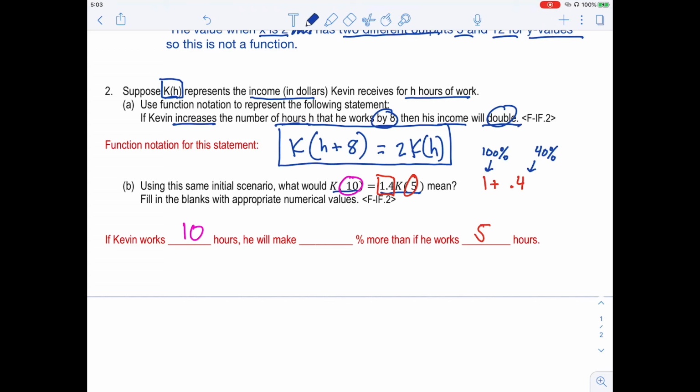So you multiply by 1.4 because you're adding 40%, your 100% plus your 40%. Because 0.4 is 40%. So you'll increase it by 40%. It's not 1.4%, it's 1.4 times that amount, which is 140%. So you're adding 40%.